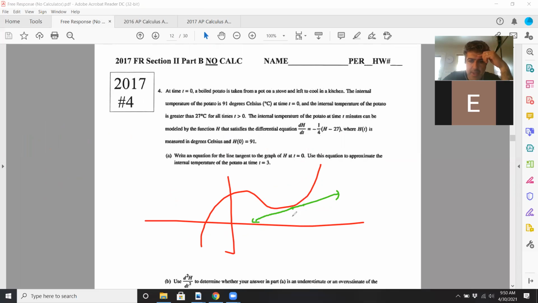Let's say this is x equals A, and you want to approximate something close to it. If your curve is concave up, which it looks like in this portion here, then the tangent line is going to under approximate. Whereas if it's concave down, I'm going to get an over approximation.